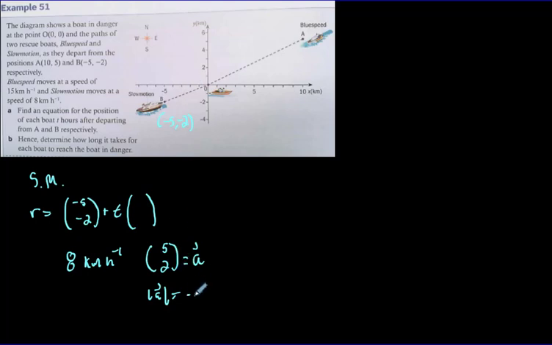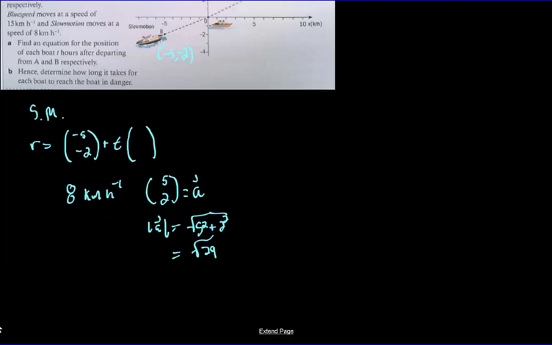So the magnitude of this is going to be the square root of 5 squared plus 2 squared, right? The 5 squared is 25, 2 squared is 4, so that's 29.